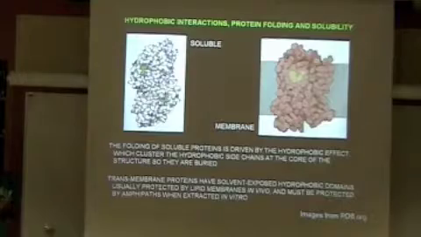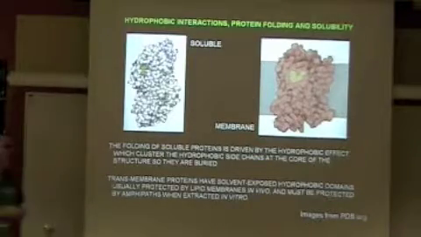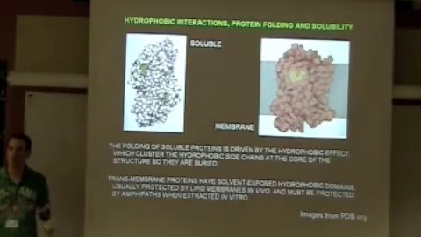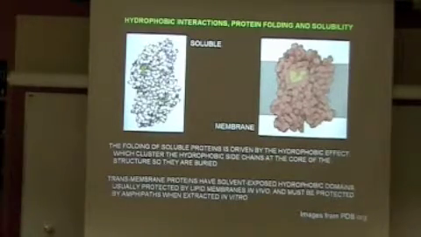In the case of membrane proteins, however, these hydrophobic patches tend to appear on the surface of the protein quite often. And in a native environment, these hydrophobic patches are protected by an amphipathic compound, usually a lipid membrane. But what we can do with detergents is solubilise these membrane proteins away from their native environment by taking advantage of the fact that detergents are able to shield the hydrophobic domain of the transmembrane protein.